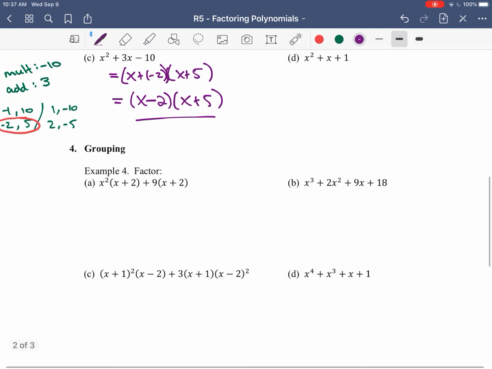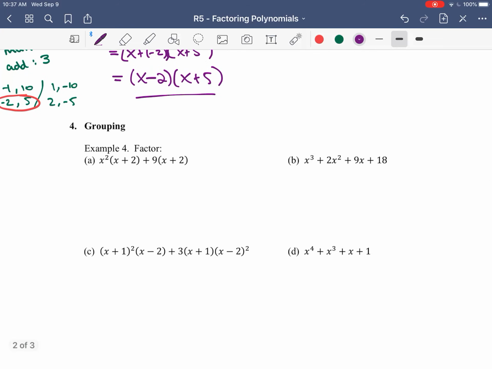Okay, grouping. Here we're actually going to use the technique that we talked about at the beginning, looking for a common factor. So here I have two terms. They're complicated terms, but there's two terms. And if you notice, both terms have x plus 2 in them. So x plus 2 is a common factor, so I could pull out x plus 2.